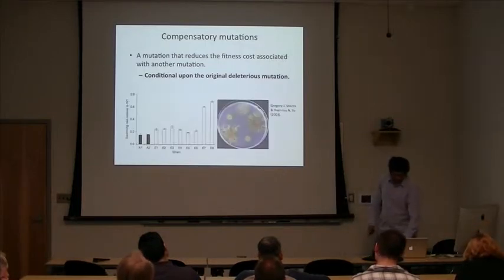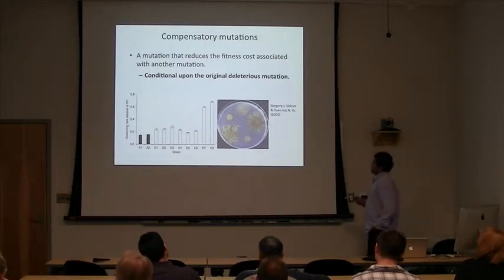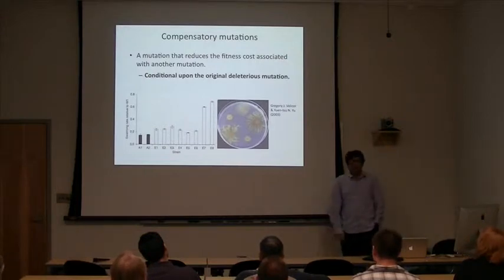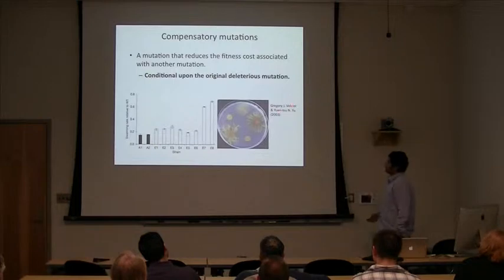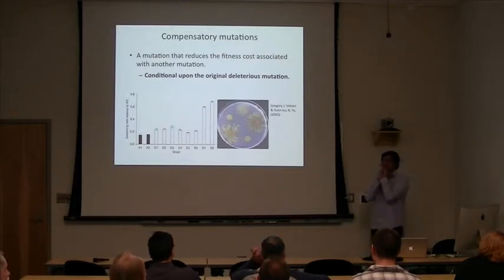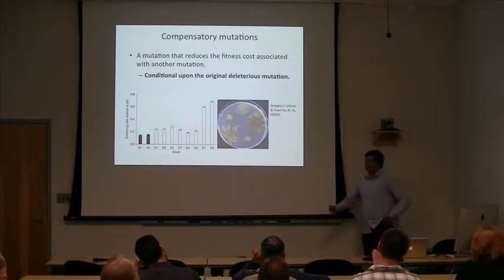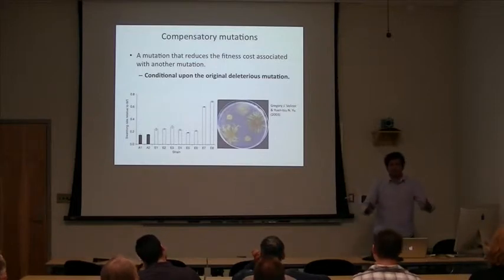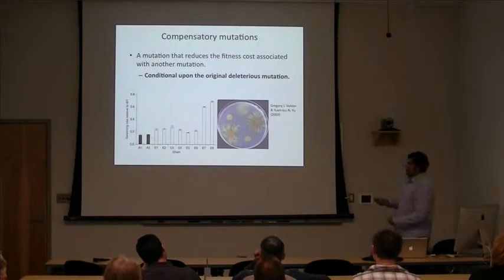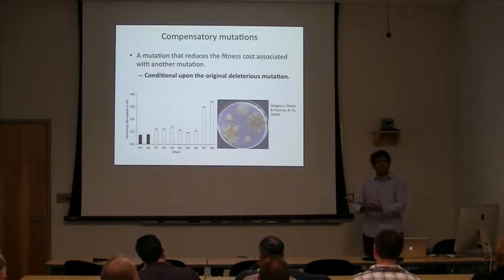Okay? A quick example. When these authors fixed a mutation that ablated the swarming motility. It's actually myxobacteria, Myxococcus xanthus. These bacteria tend to aggregate and have a swarming motility, and ablating that is detrimental to fitness.